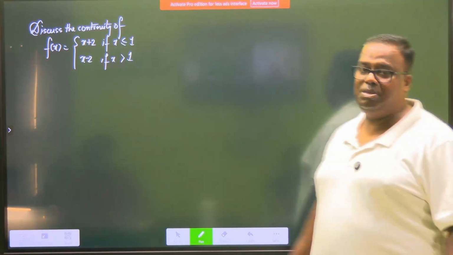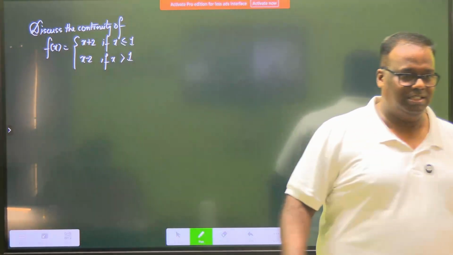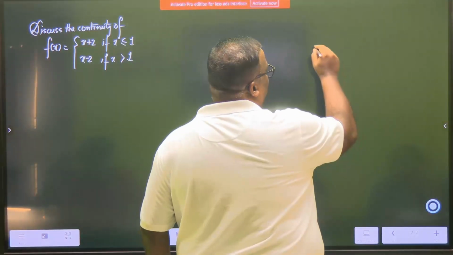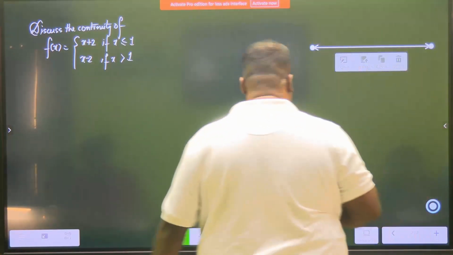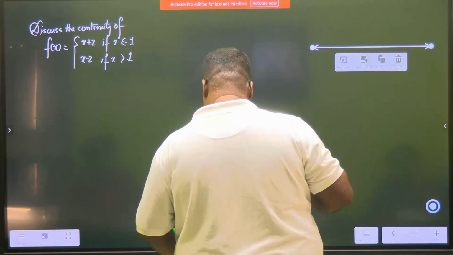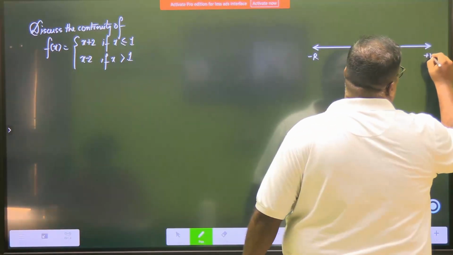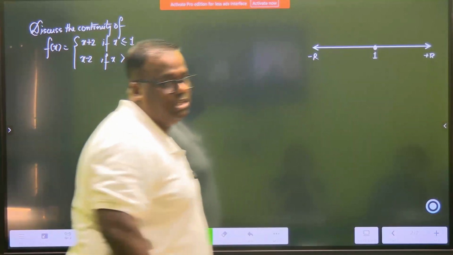But both have a piece criteria. And there is something happening at 1. I'll not plot this function, though in the book it is plotted. Let's say if I view this function from minus R to plus R, there is something which is happening at 1. At 1, the definition of the function is changing.